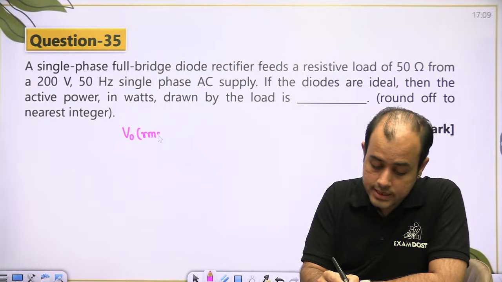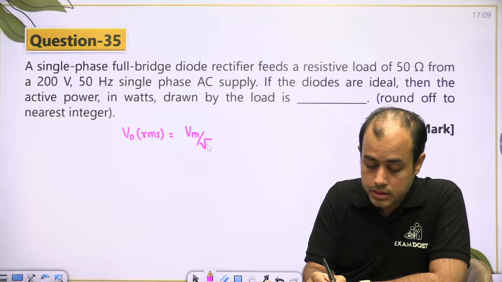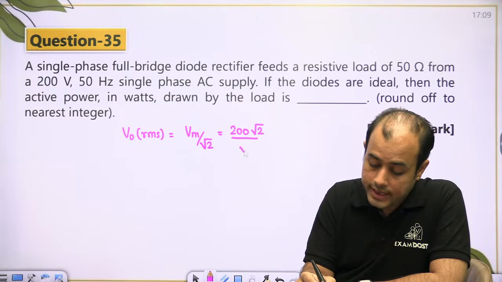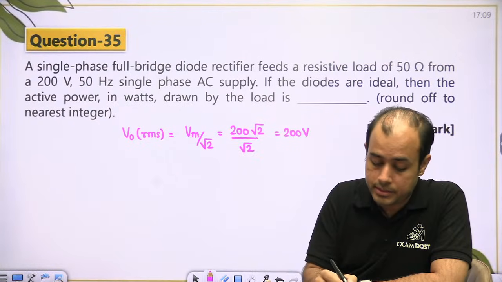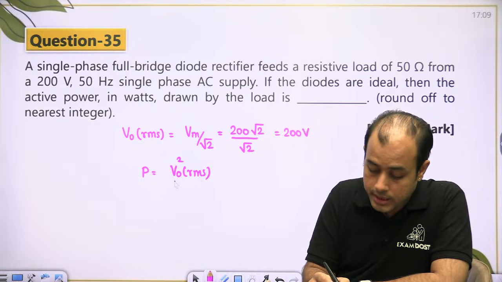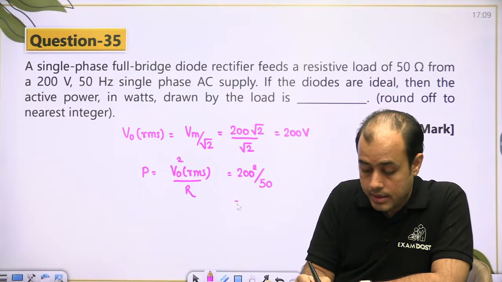Because it is a resistive load, I need RMS value for power. ठीक है. For full wave rectifier, RMS value of output is same as input and power will be V naught RMS square by R. 800 watt.